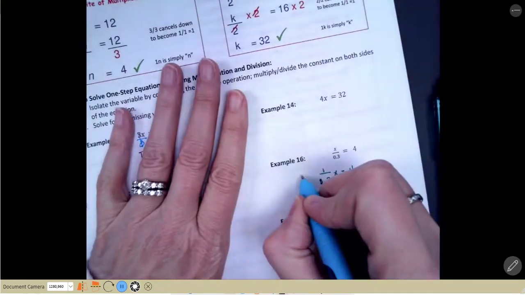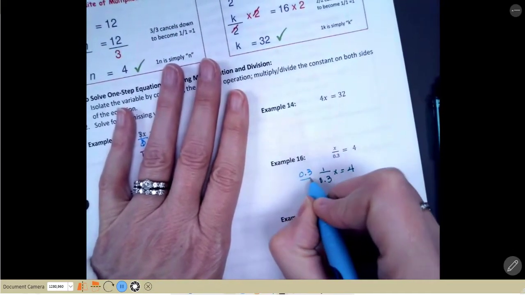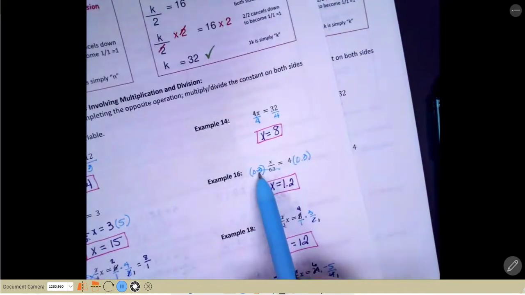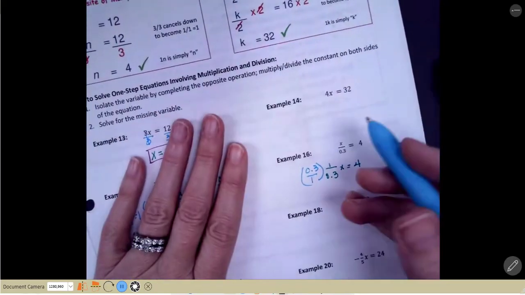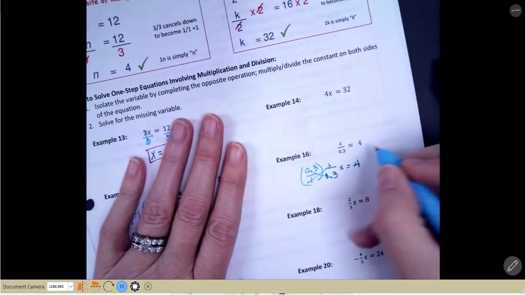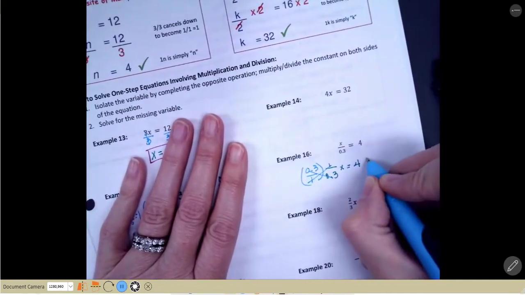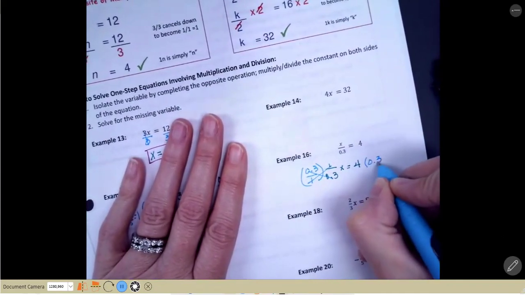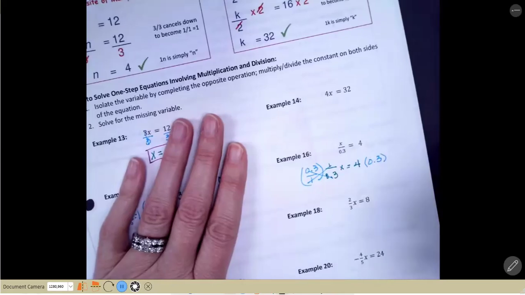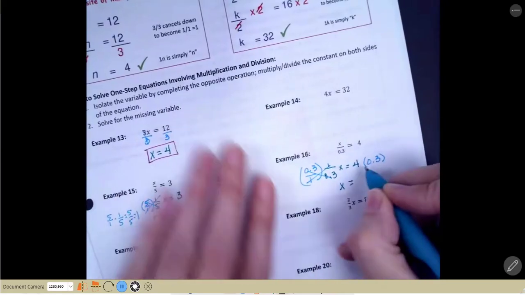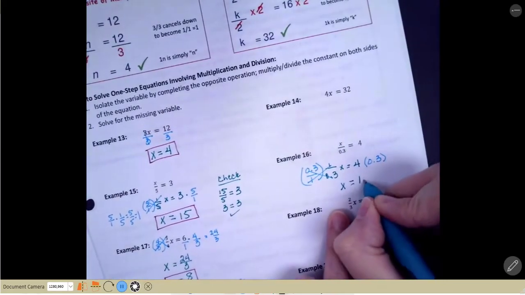So I'm going to multiply by 0.3 over 1. Now on this one, I just multiplied by 0.3, but it's the same, really. And so these cancel out. And then if I multiply this by 0.3, I have to multiply this by 0.3. And so I end up with x equals, and then 4 times 0.3 is 1.2.